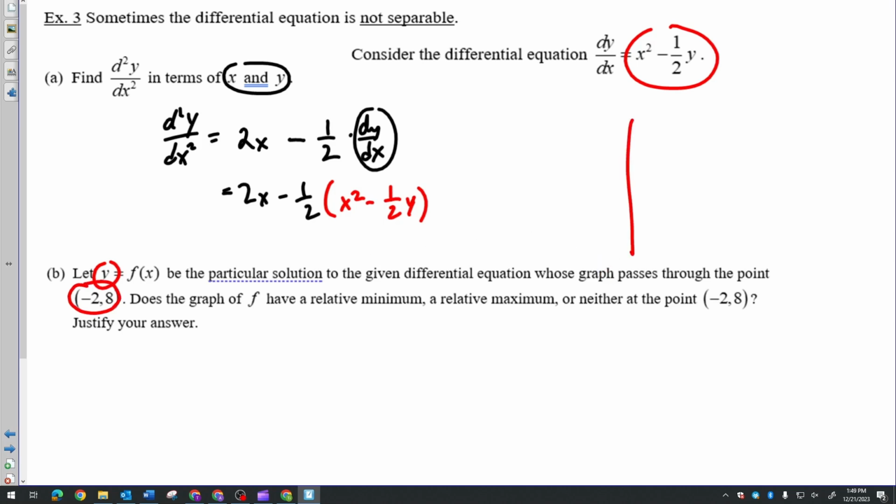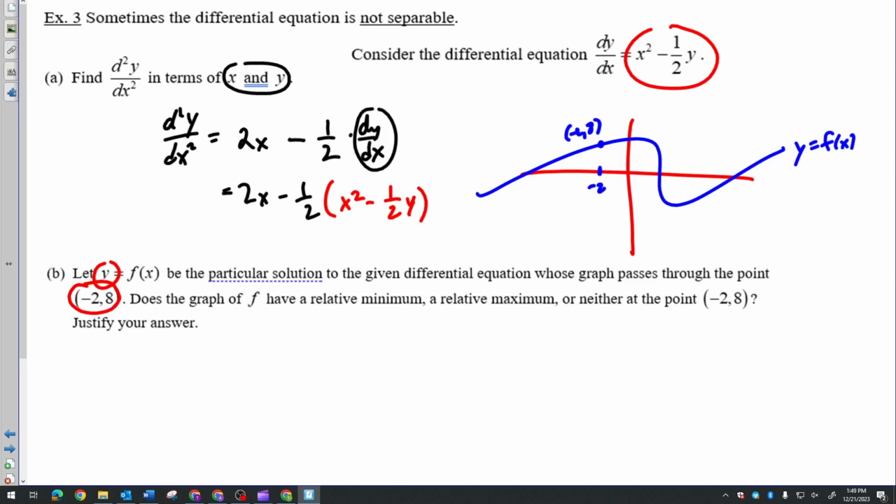Again, we don't know what y is, it's y, or f of x. And at this point, negative 2, 8, the question is: is this a minimum here? Is it a maximum? Or is it neither? And how do you know?